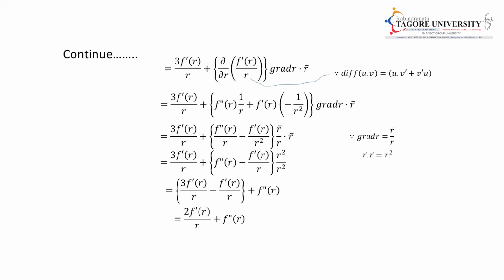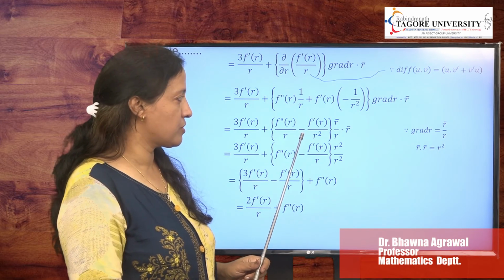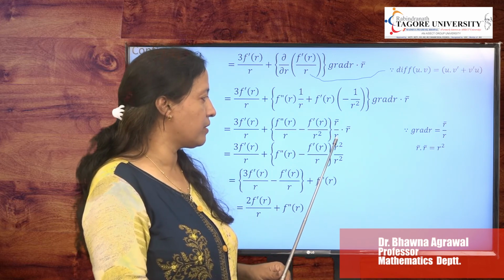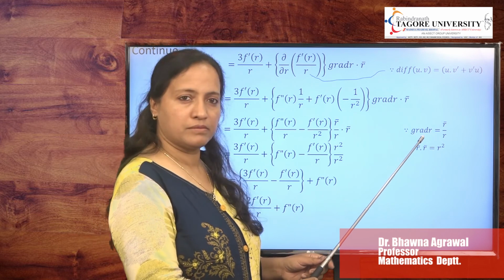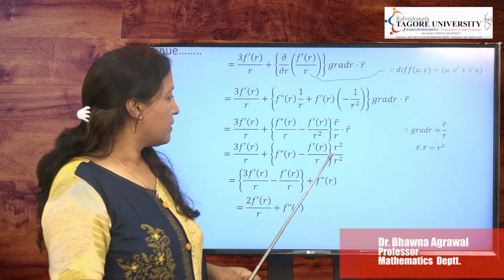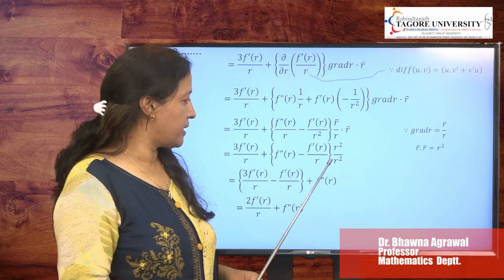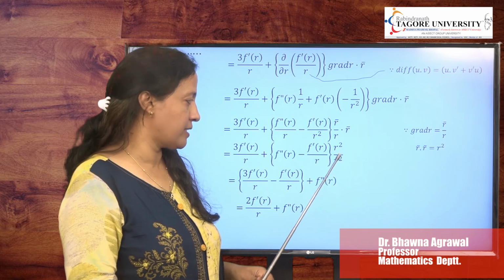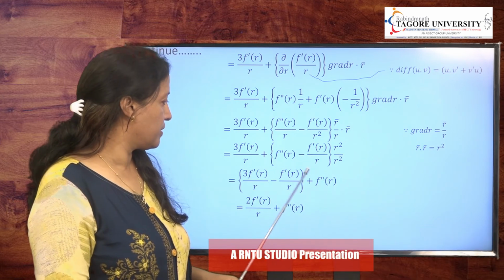Now take this minus inside, we get this much, and the value of grad r is r vector upon scalar r. Because of this we get this much. Now taking r outside, it becomes r square. R square by r square is 1. We get the result.